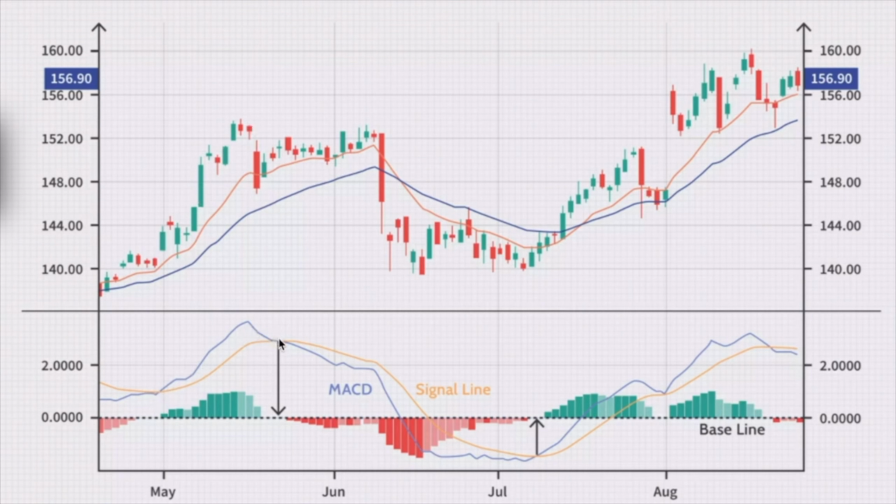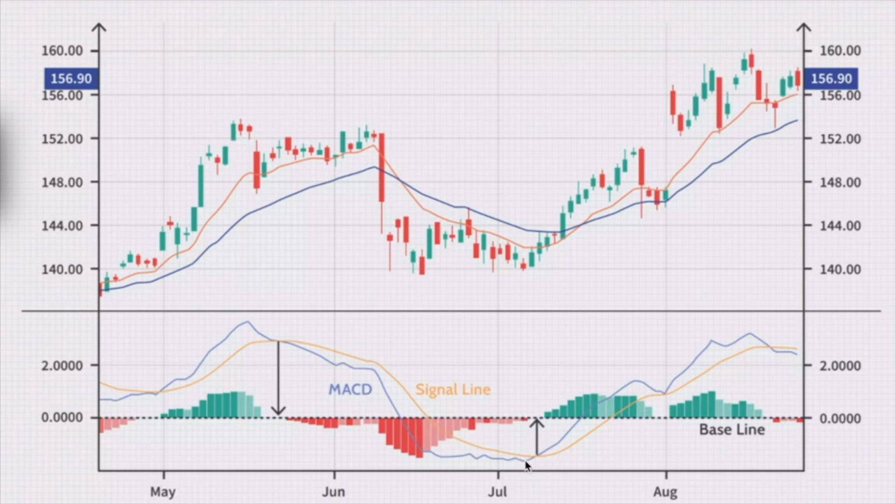Now, on the flip side, it goes down right here. So what happens is the MACD line drops below this signal line. You can see right here with the arrow that this might signal a bearish downtrend. When the MACD goes below this baseline, generally the distance between the two grows.